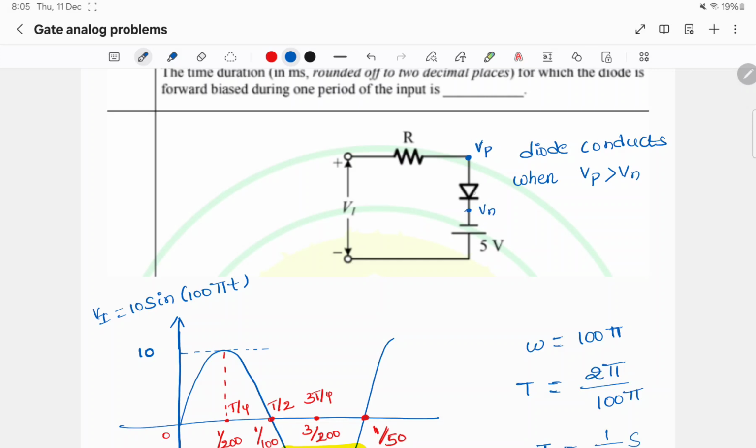If the potential difference between these two is positive, then the diode will conduct for an ideal diode. For this to conduct, this node potential is tied to minus 5 volts. So Vp has to be greater than minus 5 volts.